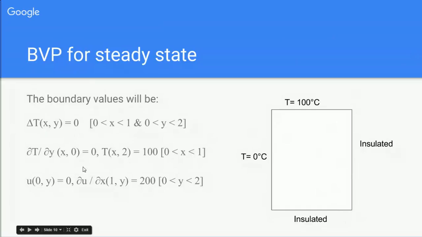Now we'll check out the boundary conditions. So dou T by dou y for all values of x at the bottom wall, since it is insulated, is going to be 0.